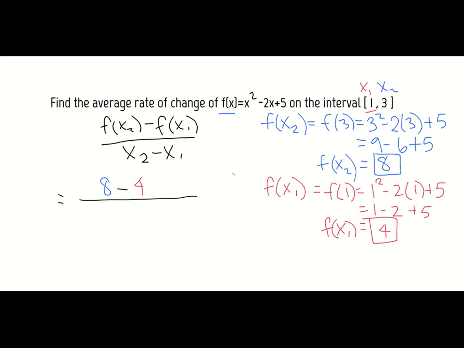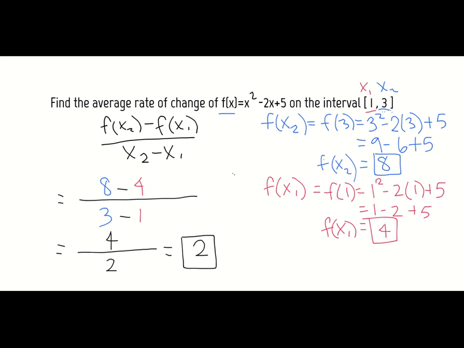And then x2 is the second x value of our interval, so 3 minus x1 is 1. So on the top, 8 minus 4 is 4. 3 minus 1 is 2. So our average rate of change is 4 divided by 2, which is 2.